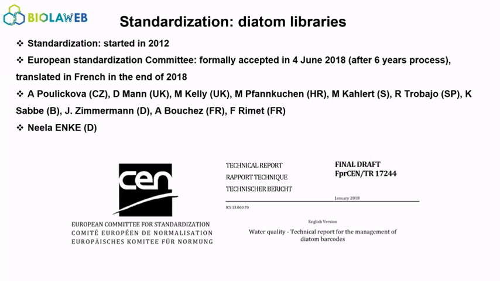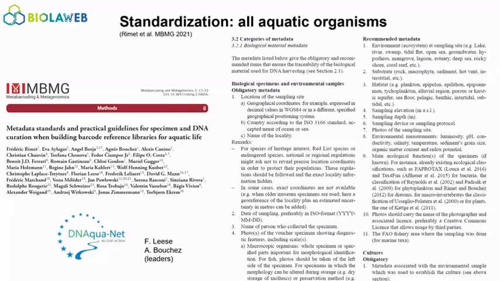We also, so it was 2 years ago already, had work on standardization, not only for diatoms, but for all aquatic organisms. In fact, we were a nice group of people working on fish, on fungi, on cyanobacteria, all kinds of aquatic organisms you can imagine.